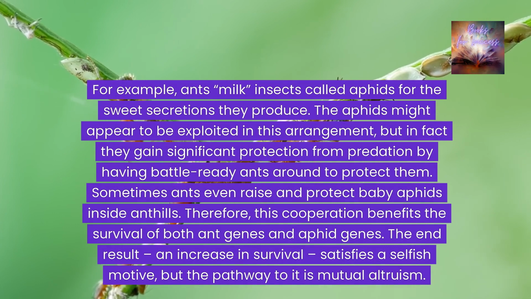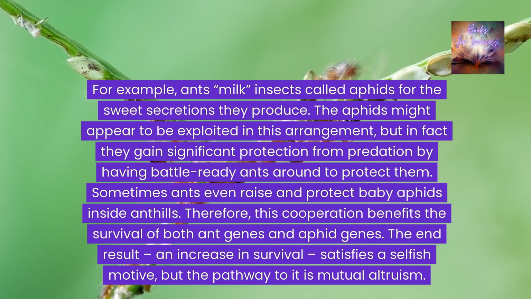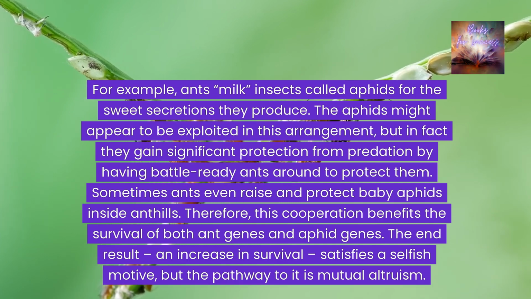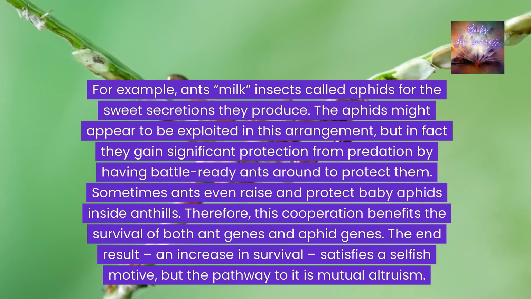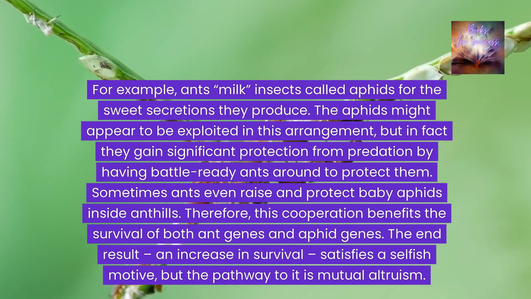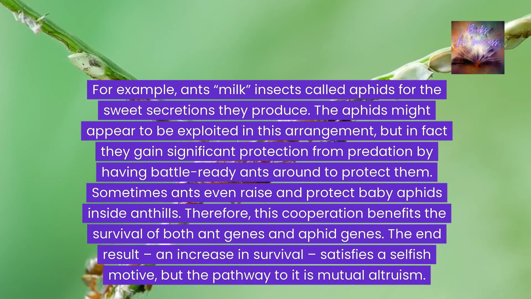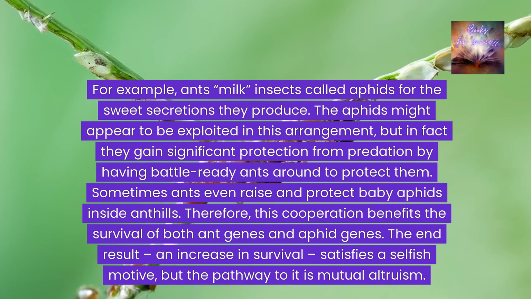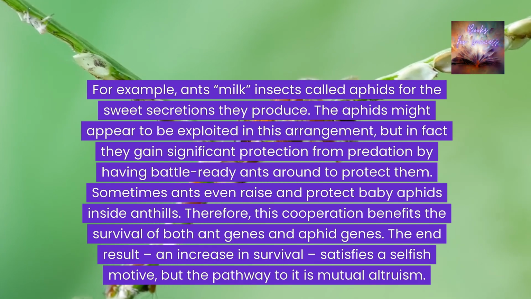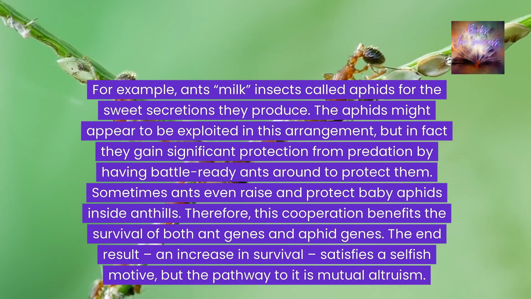The aphids might appear to be exploited in this arrangement, but in fact they gain significant protection from predation by having battle-ready ants around to protect them. Sometimes ants even raise and protect baby aphids inside anthills. Therefore, this cooperation benefits the survival of both ant genes and aphid genes. The end result, an increase in survival, satisfies a selfish motive, but the pathway to it is mutual altruism.